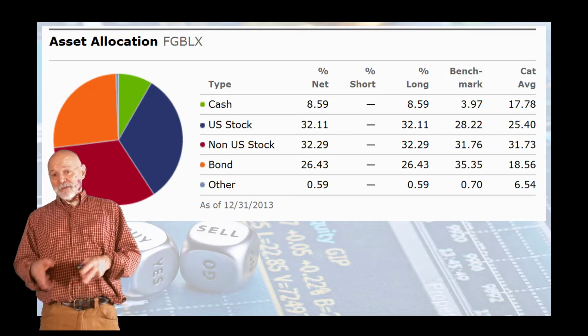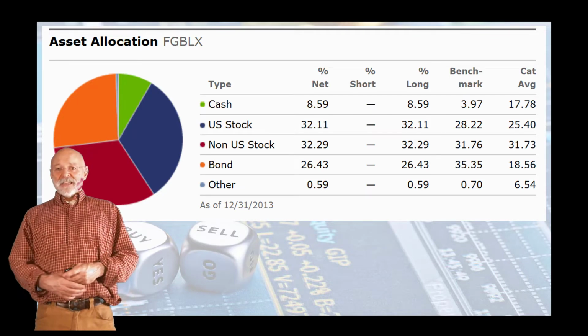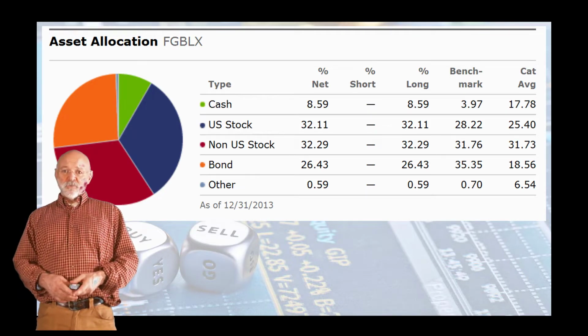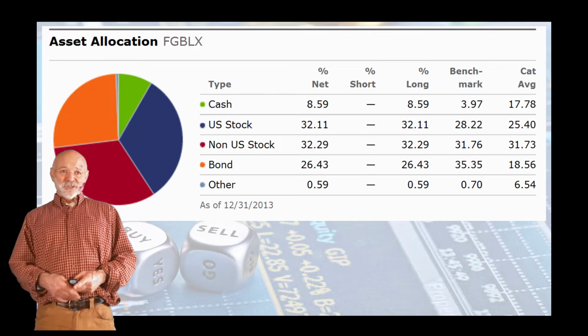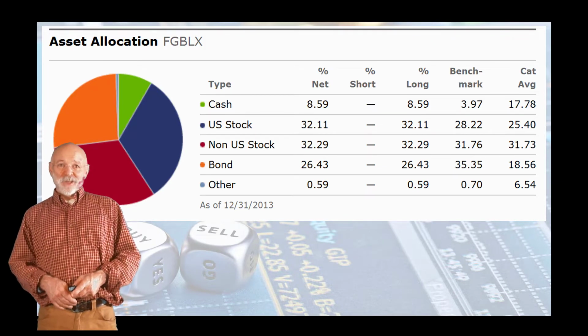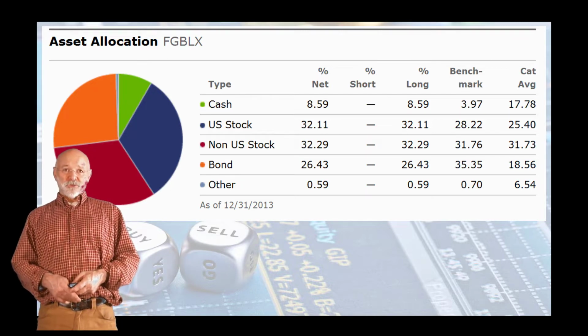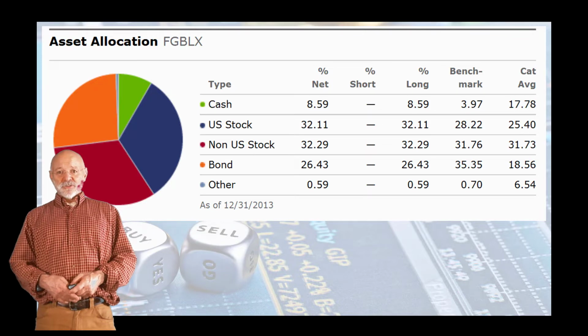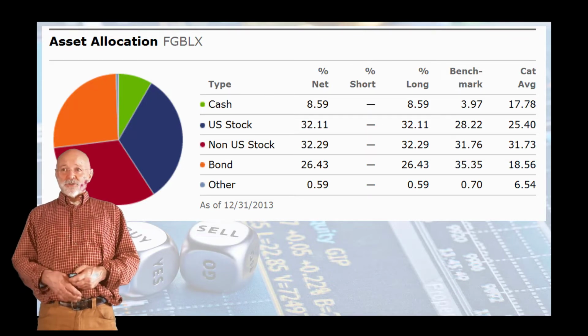When a particular fund and fund manager has decided to go into a category a little bit heavier, we call that being overweight. So we'd say that they're overweight in terms of US stock and underweight in terms of cash, compared to the benchmark, compared perhaps to the rest of the category. So that says something to us about their overall strategy.